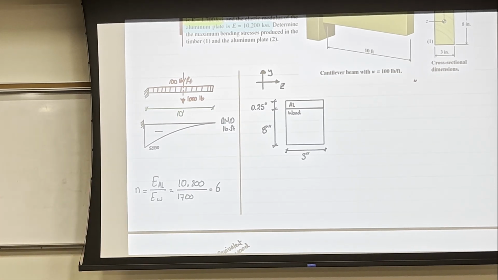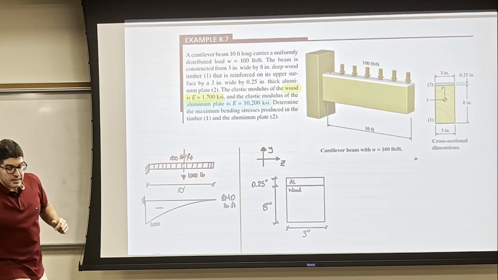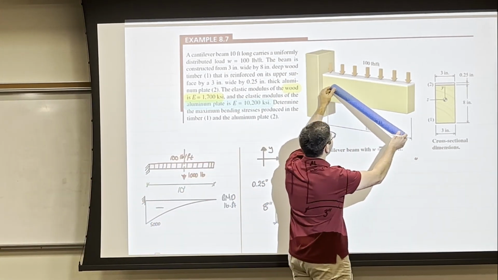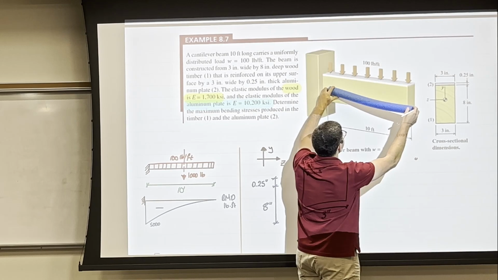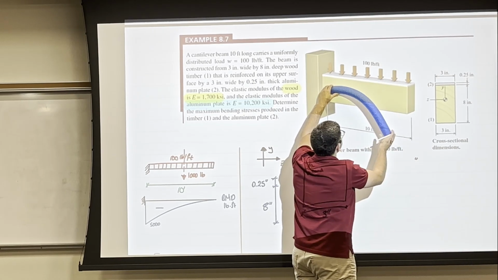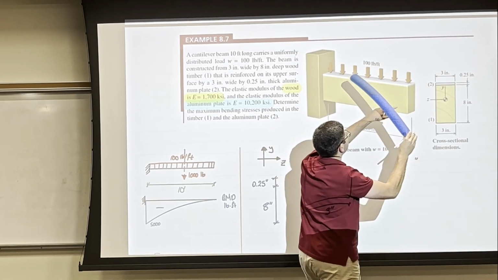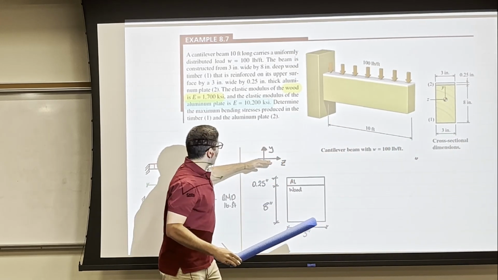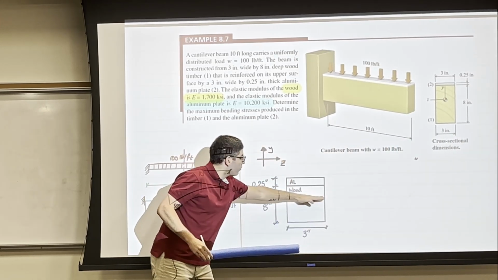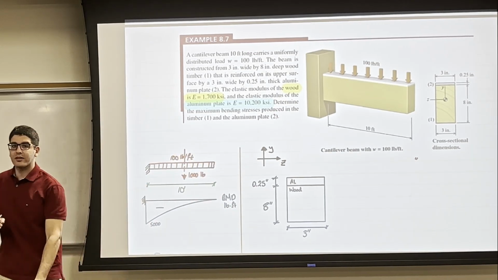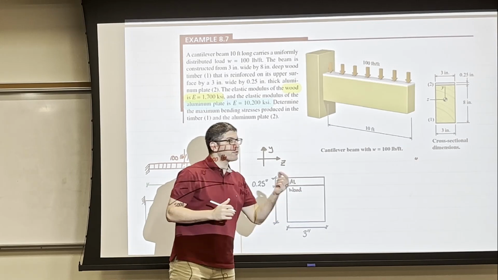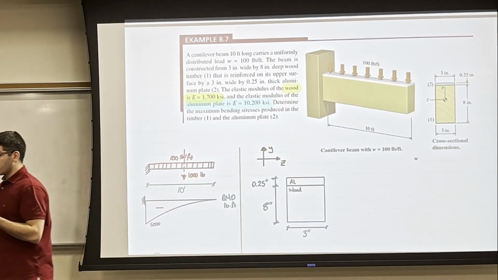Due to this cantilever, it's going to bend around Z. So if you apply a load like this, it's going to bend around Z, and Z is horizontal, okay? So the axis of bending is horizontal. It's important to identify the axis of bending, because that's what we calculate the moment of inertia about.